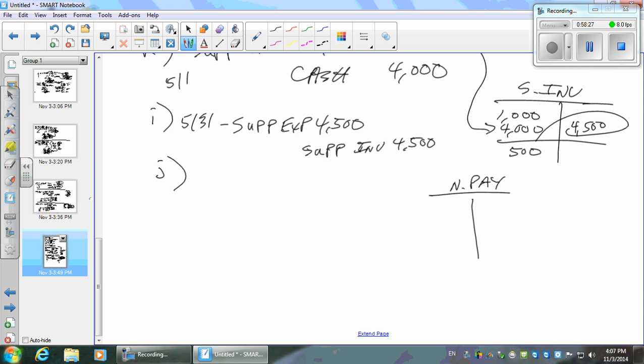How much should we borrow? You guys remember? 9,000, was it? Okay. What do I have in interest payable? 112.50. So I've got those two accounts, and I'm paying those off.